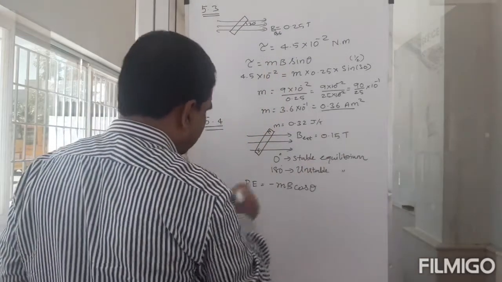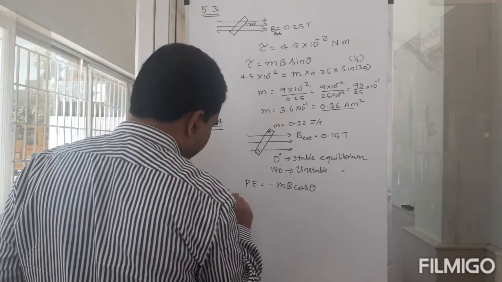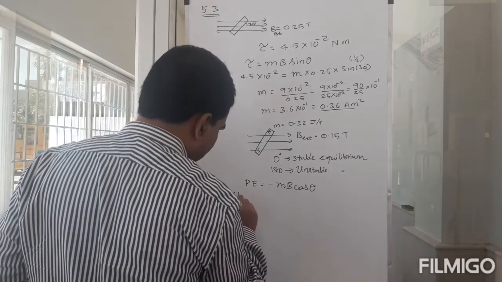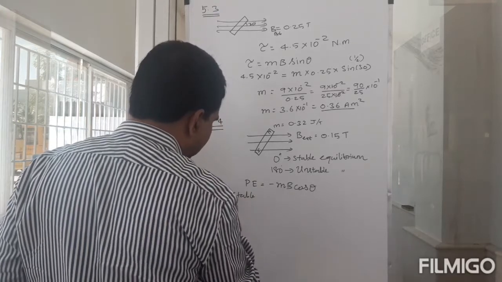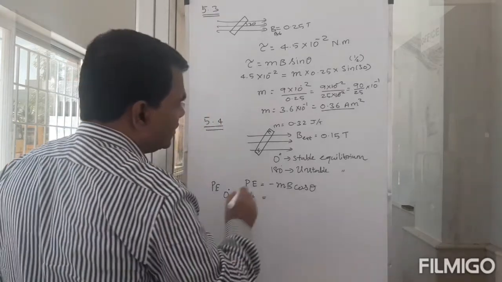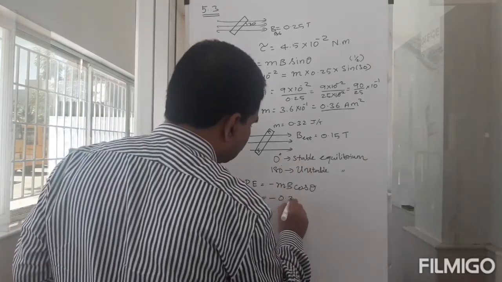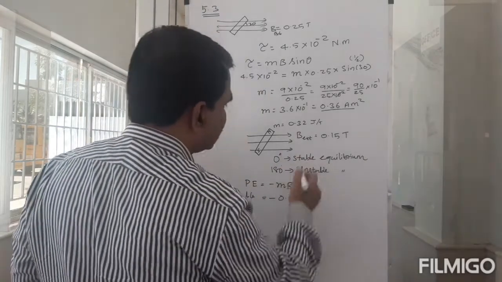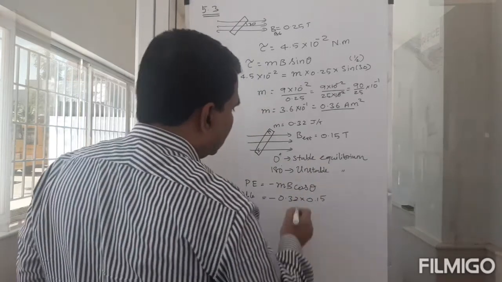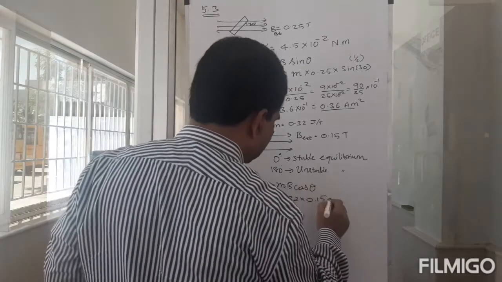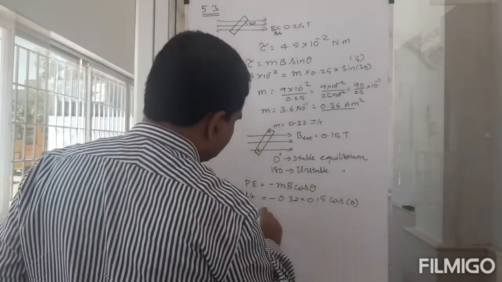In the stable equilibrium, when it is 0 degrees, the potential energy is equal to minus m, which is 0.32, and B is 0.15, and cos theta, so cos 0, that is 1.